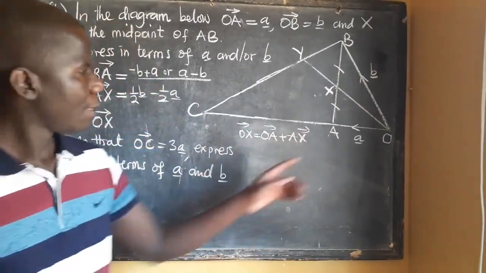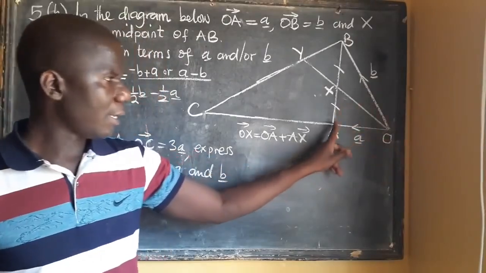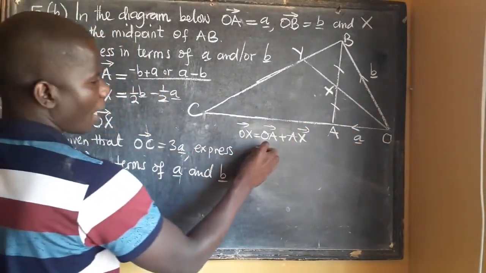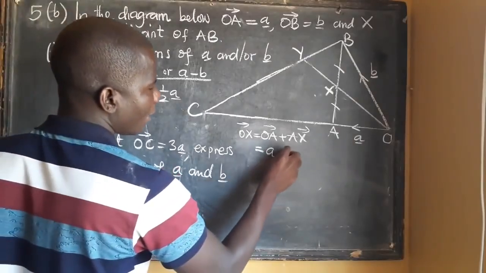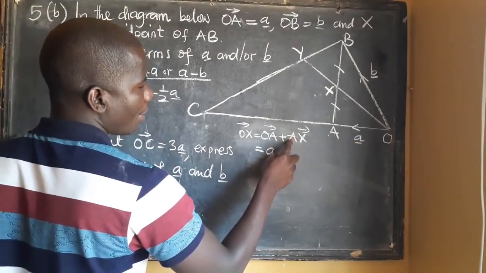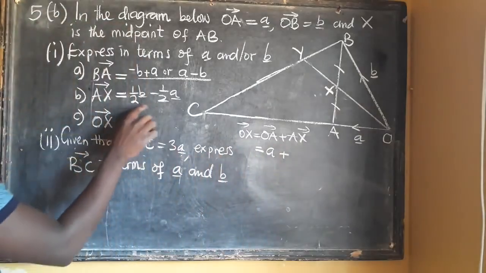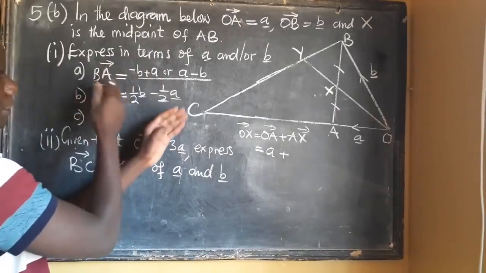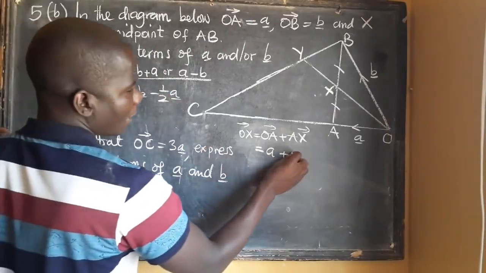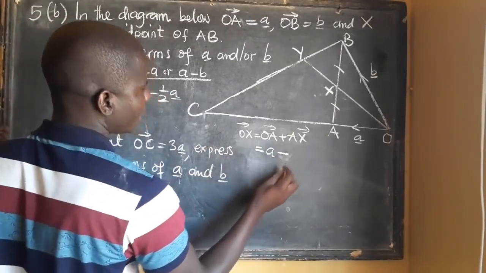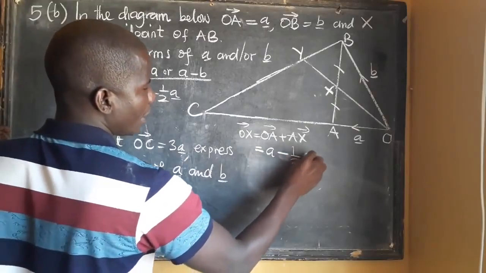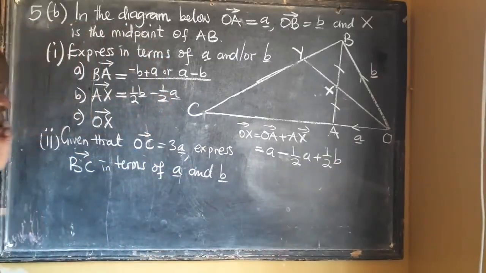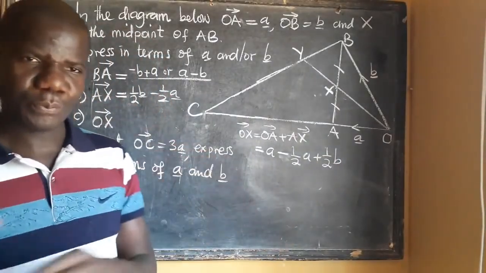Our OA is A here. Our AX is this one. So I'll just rearrange it. I'll start with this part here and bring it here as minus 1 over 2A, then plus 1 over 2B. I've done this because I want to put the like terms together.